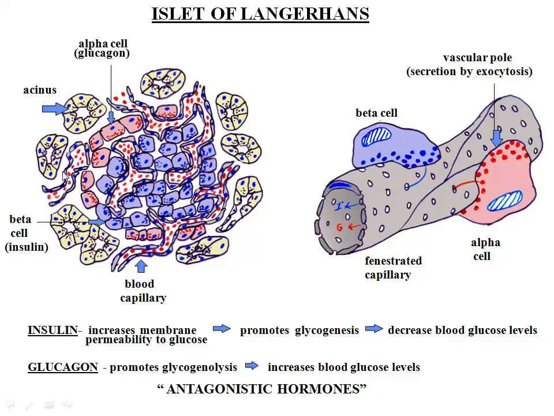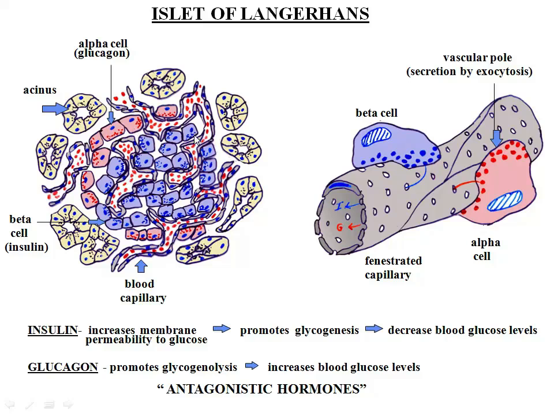These scattered cells are of three different types. We just have seen beta cells, this blue color, alpha cells, red color, and delta cells somewhere here that are responsible for the production of somatostatin. D cells, or delta cells, are also responsible for the control of secretion of insulin and glucagon.